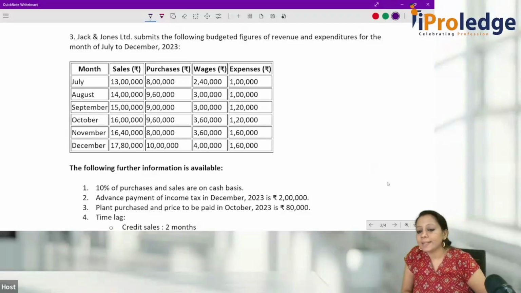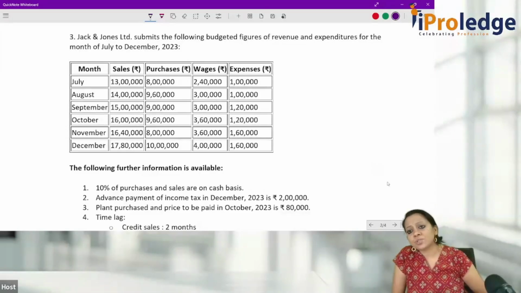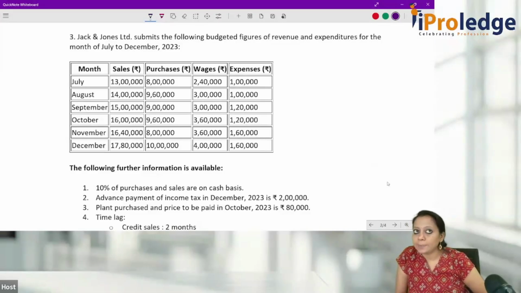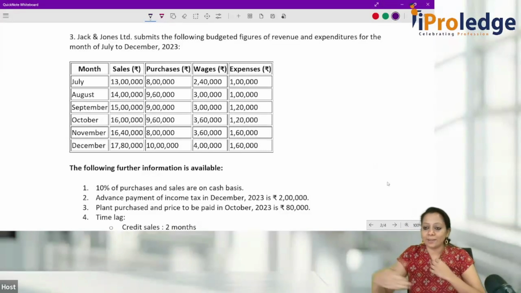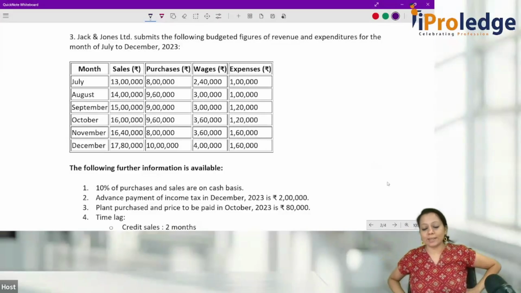Cost bookkeeping, reconciliation, cost sheet. Out of this, definitely at least 7 to 10 marks will come. Extremely simple, just practice is required. And cost accounting standards, just go through whatever we have done in that theory, that is more than sufficient.